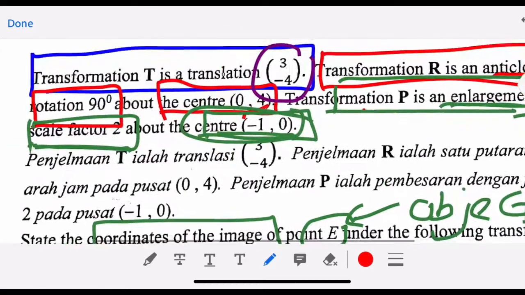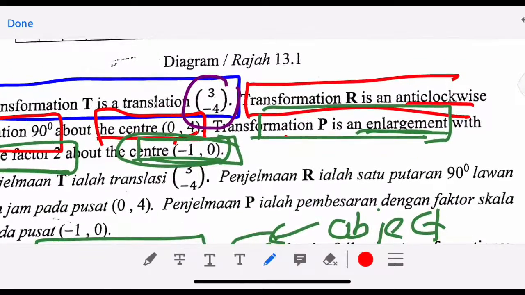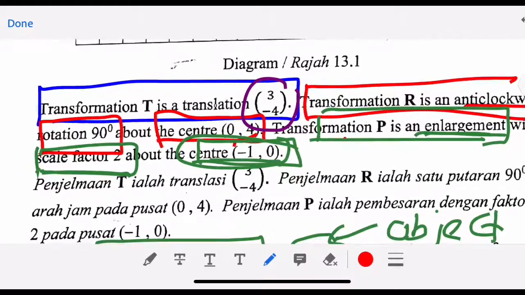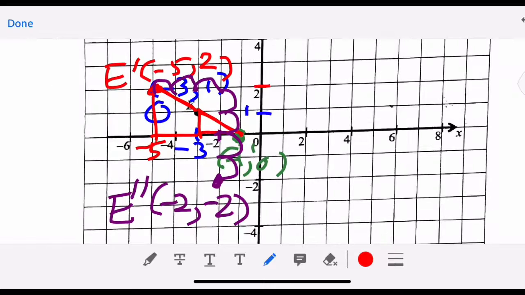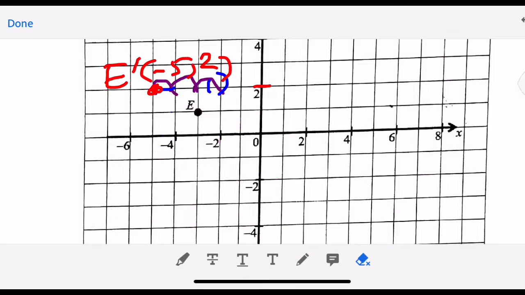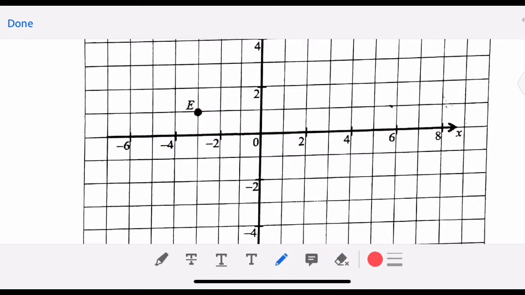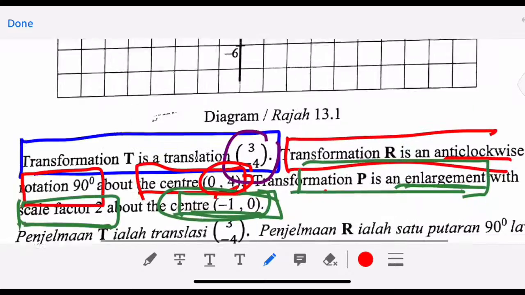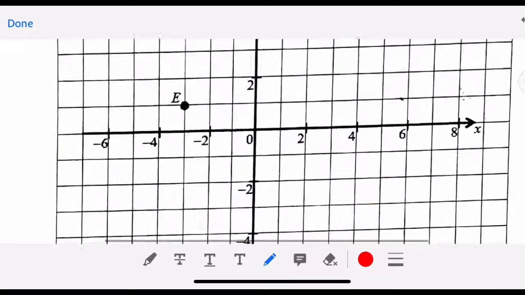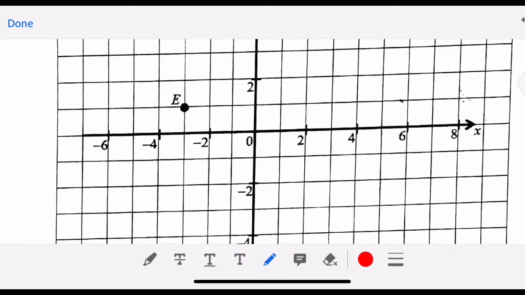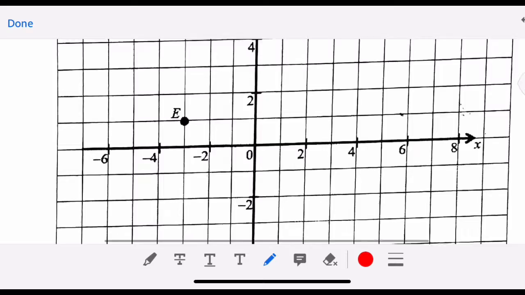So we're going to do rotation anti-clockwise 90 degrees. Center is 0, 4. Can I erase this one? Okay, we are going to label the center with what color? I inform you, the center must be in red color. 0, 4 means X is 0, Y is 4.